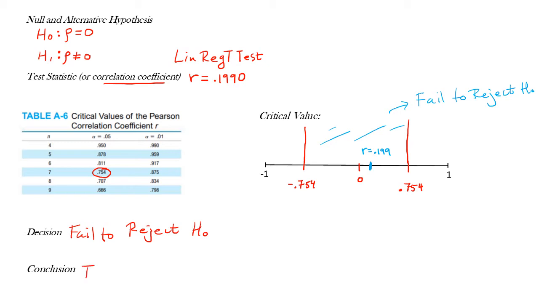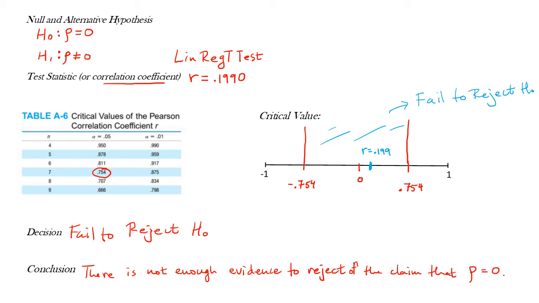And so there's not enough evidence to warrant rejection of the claim that rho is equal to 0.